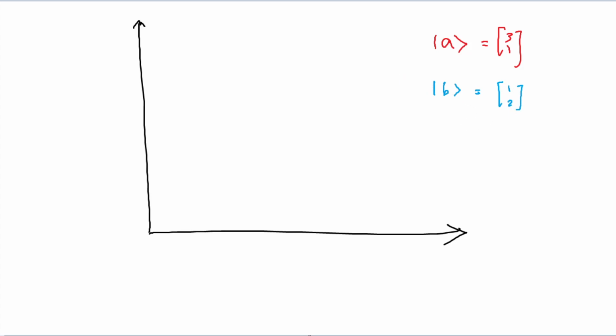Then we want to find the sum of A plus B. And if you may also recall, this is equivalent to B plus A. And we can show that visually in a moment, right? We want to figure out what that is. Now, from a mathematical perspective, you can just add them straight across. So it's 3 plus 1, which is 4, and 1 plus 2, which is 3, as we have covered previously.